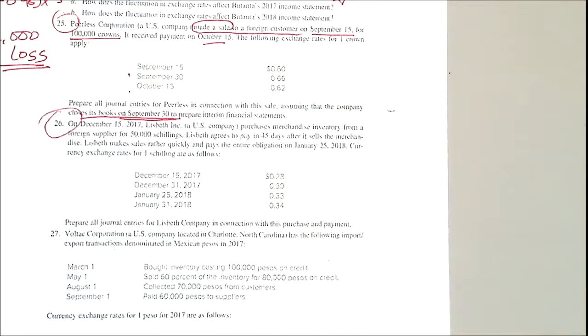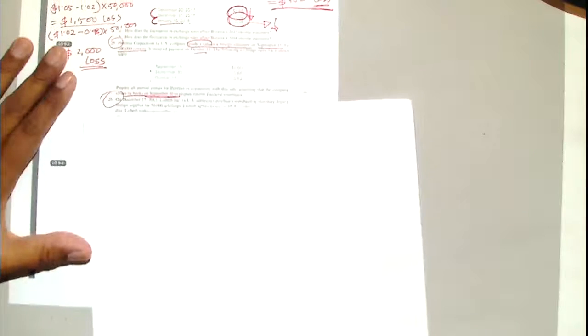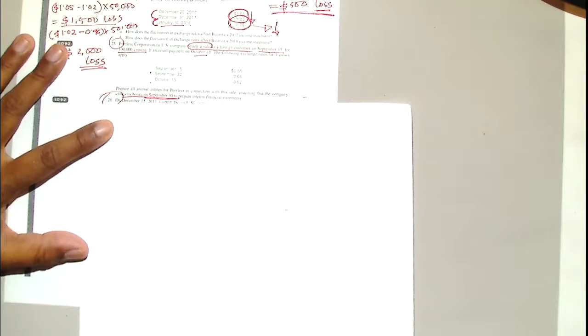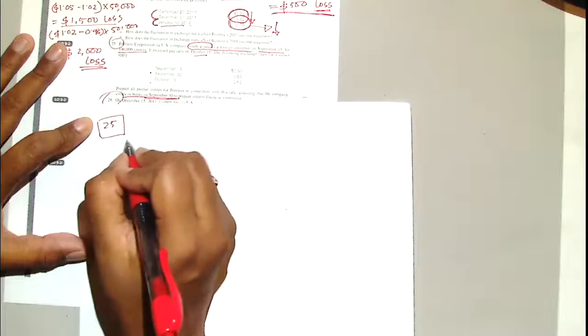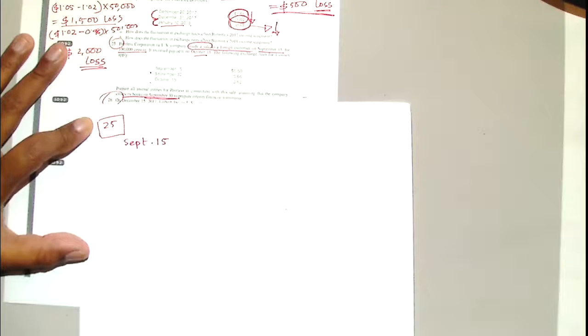Someone will tell me what should be the journal entry on September 15th, when you actually made the sale, and everything will be in dollar value.